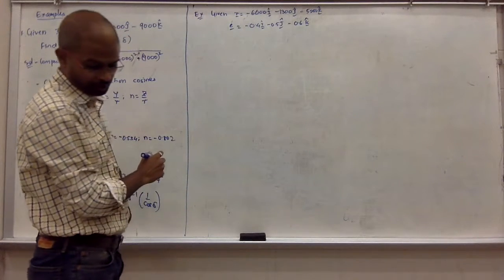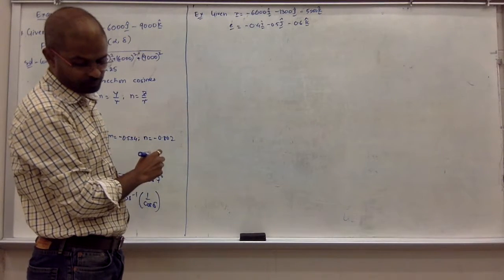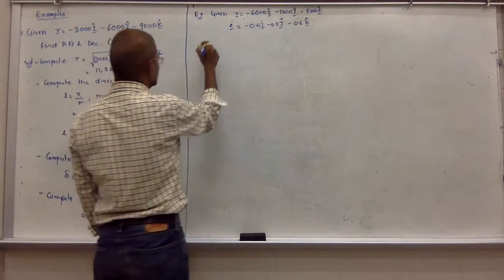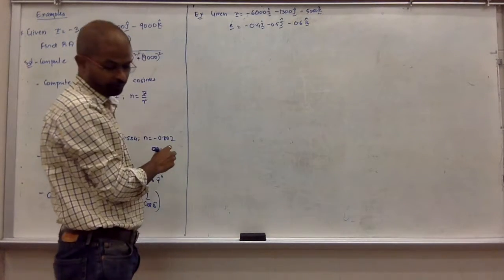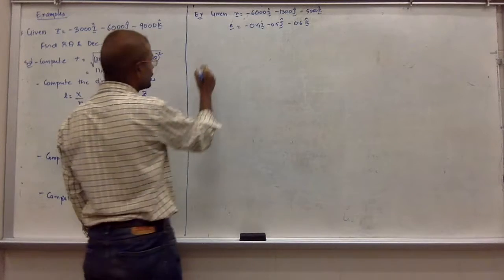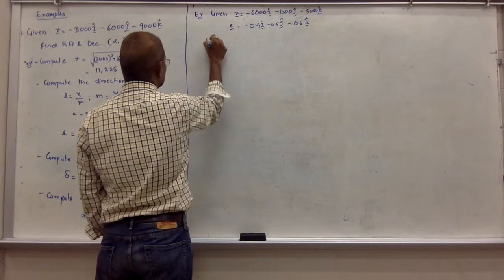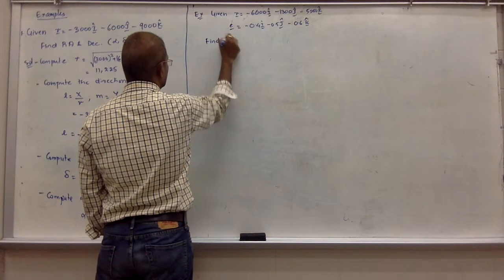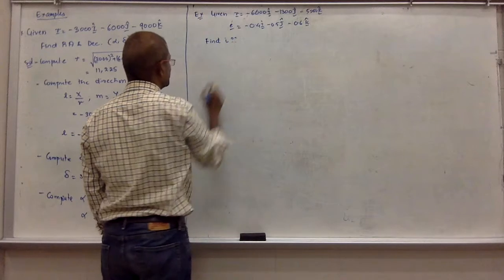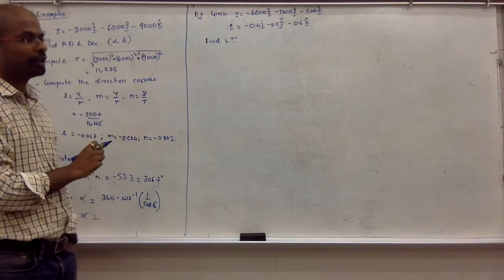Given these two values, you're asked to evaluate the inclination, find i. So how do you go about finding i?